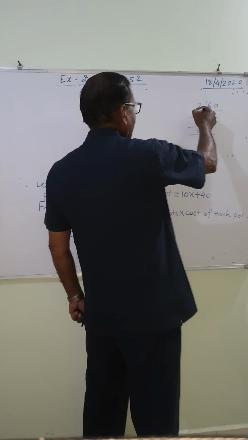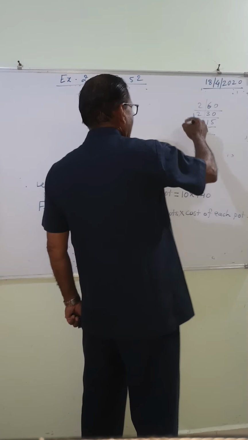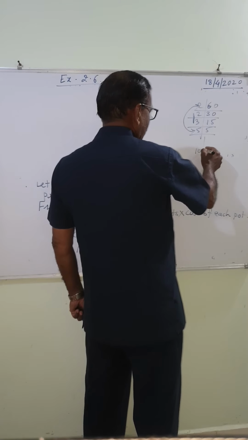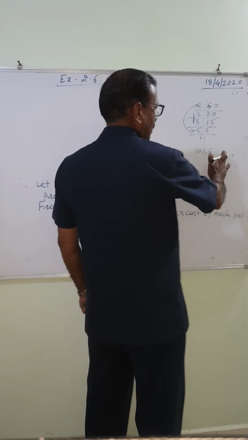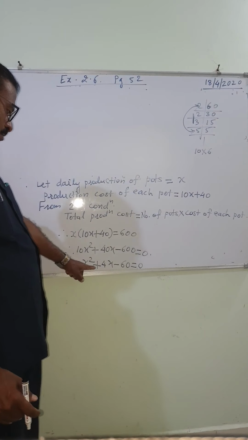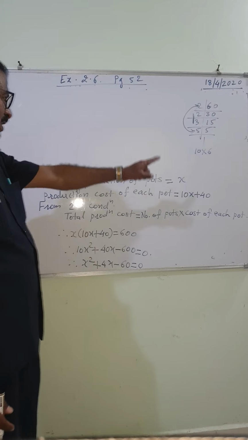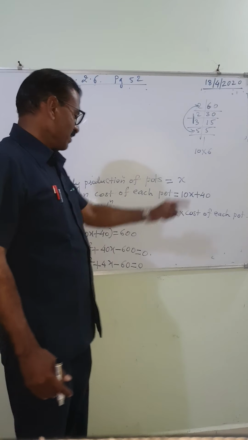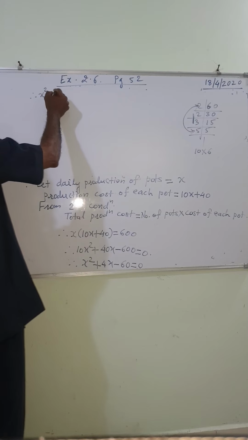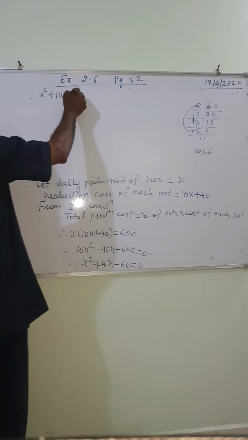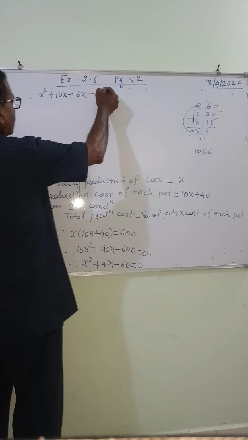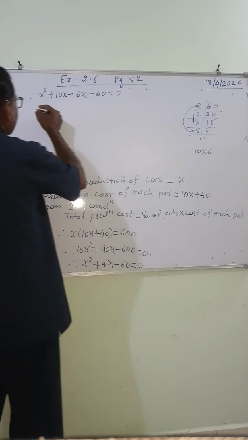So if I take this 6 and this 10, so 10 into 6, these are the factors. I want this positive, so 10x will be plus and 6x will be minus. Therefore, x square plus 10x minus 6x minus 60 is equal to 0.